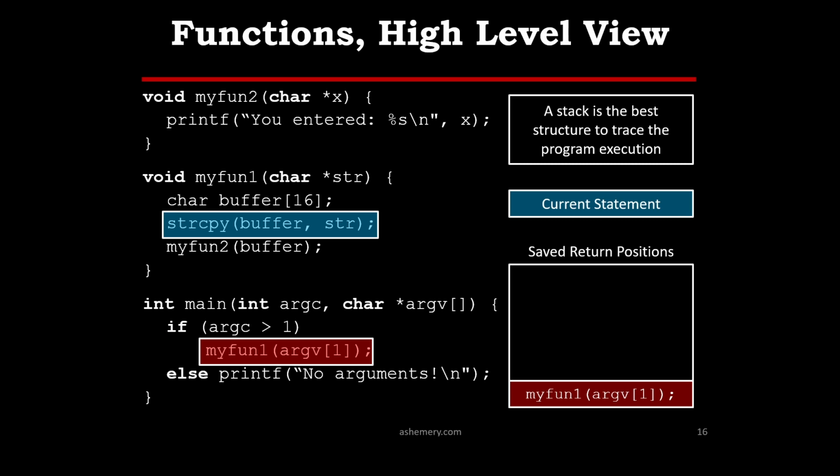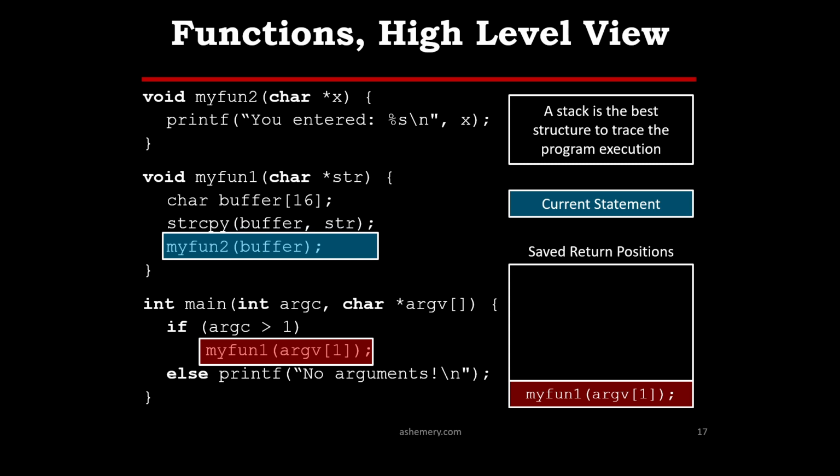But to make things simpler, we're just going to jump over it and focus on the functions which we have in our code, not the functions provided by the libraries, like strcpy, which is a function that you import from a library, include, and start to use. If we were to trace this one step at a time, we would be adding the position of strcpy to the stack and then continuing from there. But again, to make things simpler, we're just going to skip this and assume it was done.